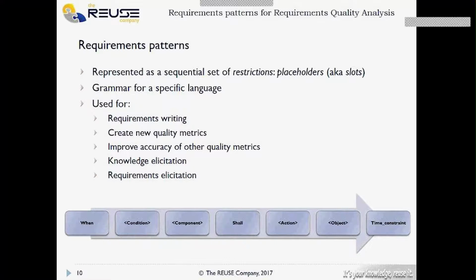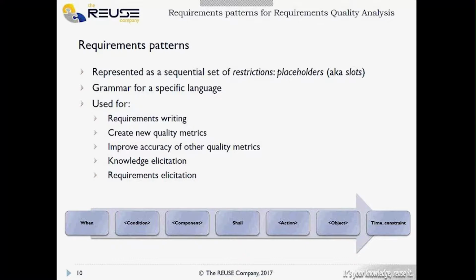Below, you can see an example of a pattern. This pattern is a very well-known one, starting with the clause when, then a condition element, and then a component, shall, action, object, and time constraint. This is a pretty well-known requirement template.